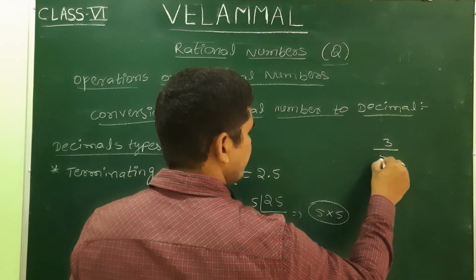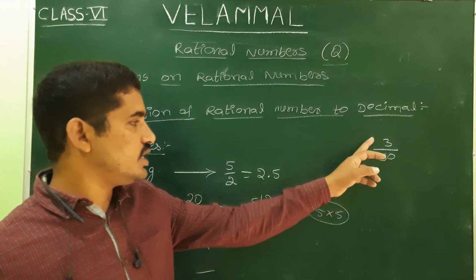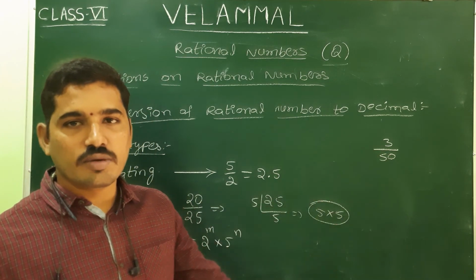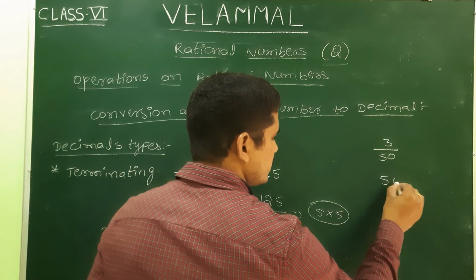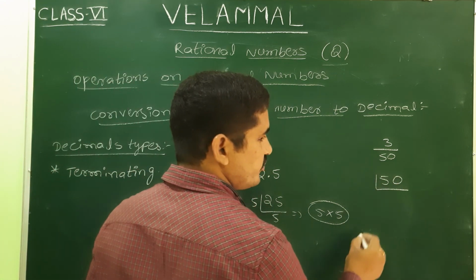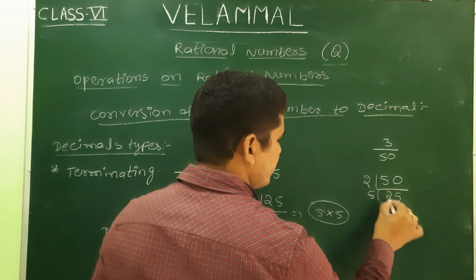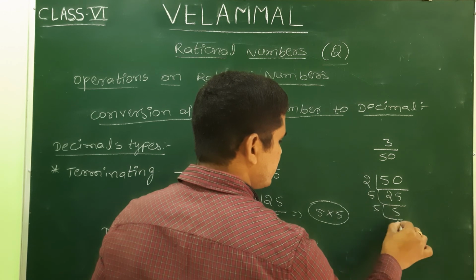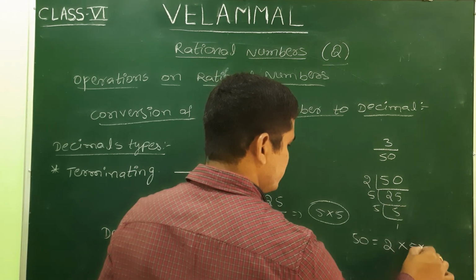3 divided by 50 we are taking. Now if you say whether this is terminating decimal or non-terminating decimal, how we can represent this? First we need to take the prime factorization of the 50. Then 2 25s are 50. Then we can take the 5 5s are 25. 5 1s are 5. So 50 can write as 2 into 5 into 5.